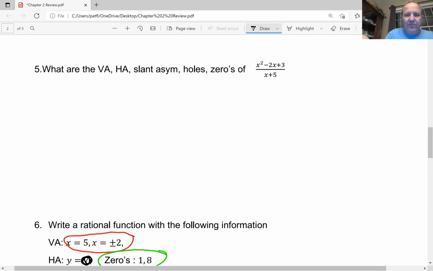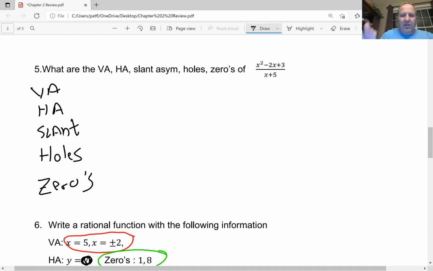All right, so we got to find a couple things here: the vertical asymptotes, the horizontal asymptotes, the slant, the holes, and the zeros. Well, first, I think we should factor this problem. This problem factors to be the following. Does it factor?